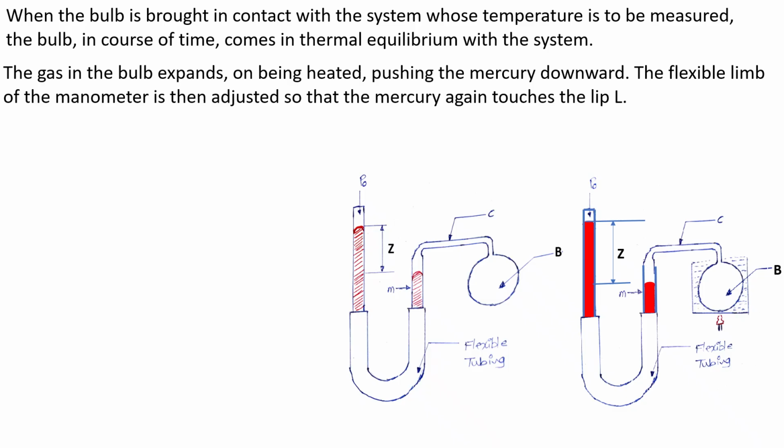The flexible limb of the manometer is then adjusted so that the mercury again touches the tip capital L. So let's consider we want to measure the temperature of hot water. Now this hot water is the system whose temperature is to be measured.